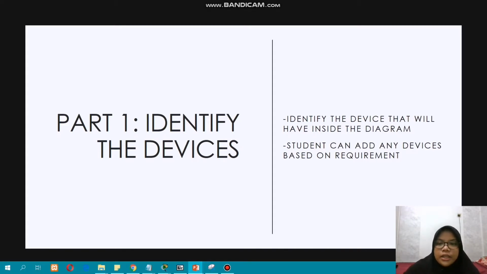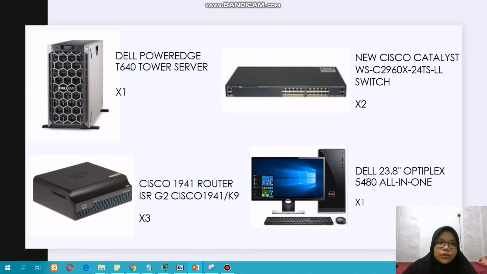Identify the devices that will be inside the diagram, and students can add any device based on the requirement. So these are the devices that I use for the case study.